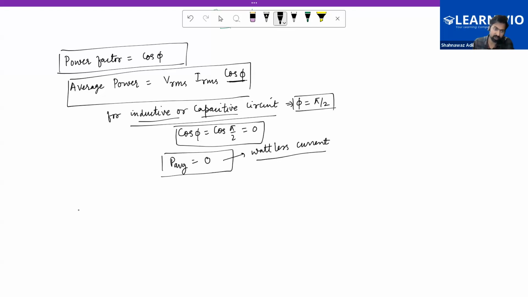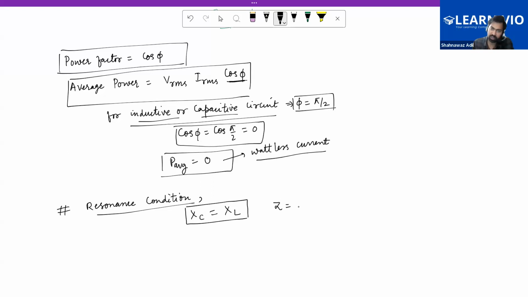And there is one more thing, that is the resonance condition. So in resonance condition, you have Xc becomes equal to XL. So if Xc becomes XL, then your impedance is what?